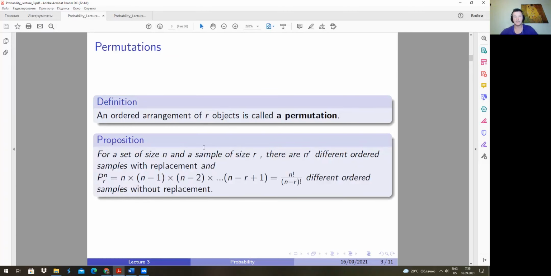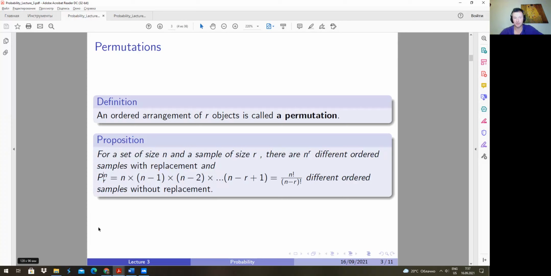This is exactly an example of different ordered samples without replacement. Why? Because we cannot take one child and put this child into 2 places, right? It's not possible. That's why we are using this approach.